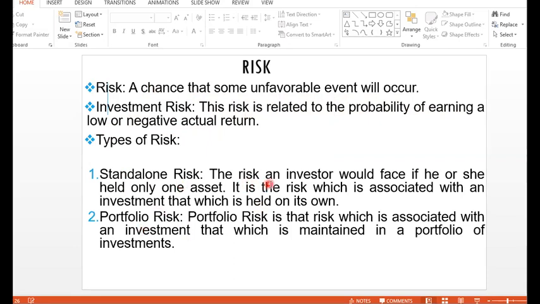Standalone risk is the risk an investor would face if he or she held only one asset. It is the risk associated with an investment held on its own, whereas portfolio risk is the risk associated with an investment that is maintained in a portfolio of investments.